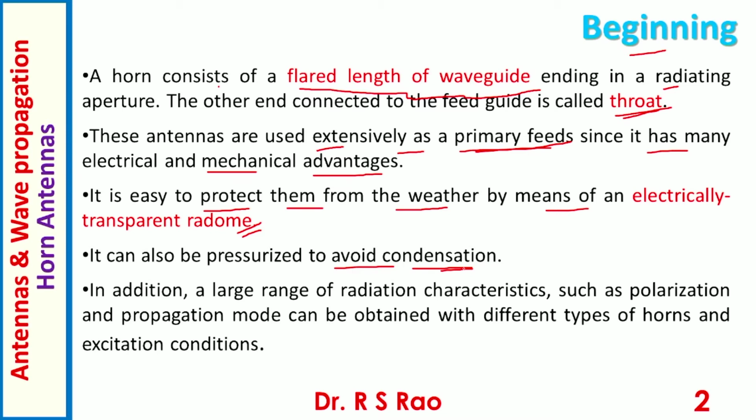So they are prone to rain, sunlight, sun heat, snow, and condensation. Unless proper precautions are taken, a great amount of condensation can form over the surface of the antenna.